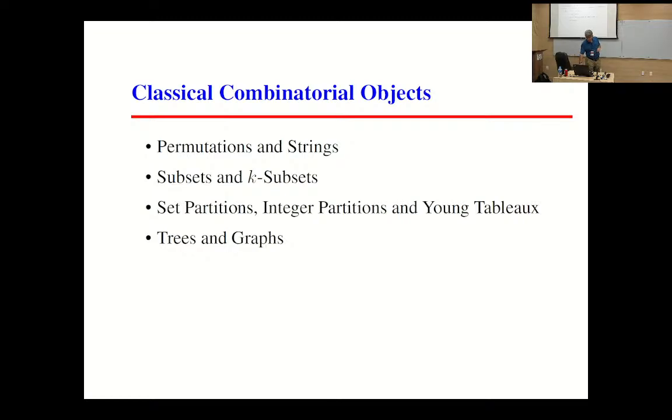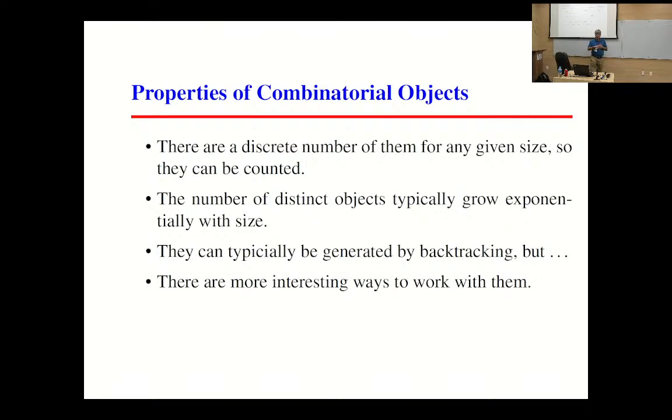So when we talk about a combinatorial object, what do we know about them? For any of these classes of objects, there is somehow an n that describes how big it is. Permutation, how many elements are in the permutation. A tree, how many nodes are in the tree.